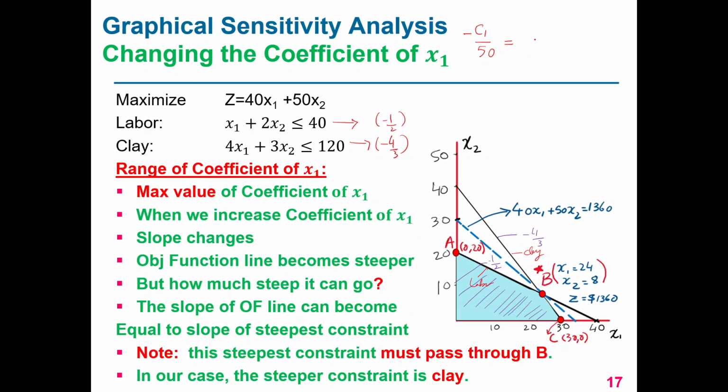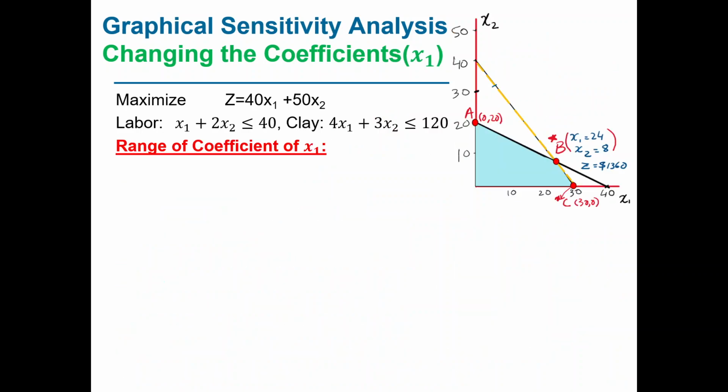So we put it equal to minus 4 by 3. So C1 is equal to 200 divided by 3, or 66.67. That means the coefficient of x1 can have a maximum value of 66.67, and we will still have point B as one of the optimal points.